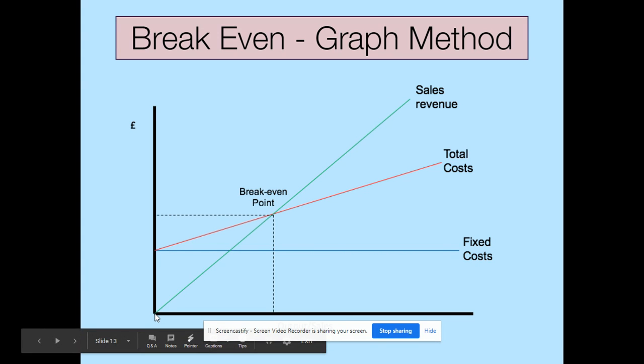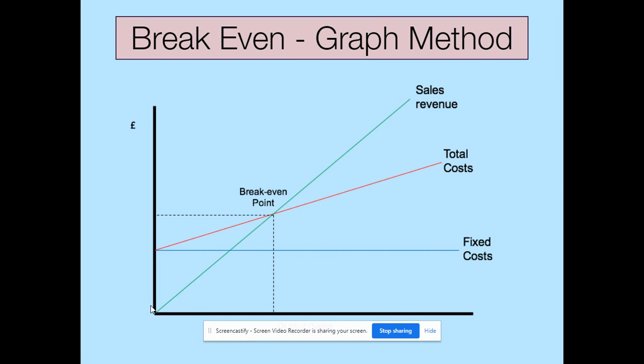Then if I sell 1 unit, I'm going to make a bit of money. If I sell 2, and so on, this goes up and up. So the more goods I sell, of course, this is all quite intuitive. I know it sounds difficult, but if you know how to interpret it like I'm explaining it to you, then you'll learn it and you'll be able to answer all the questions in the exam.